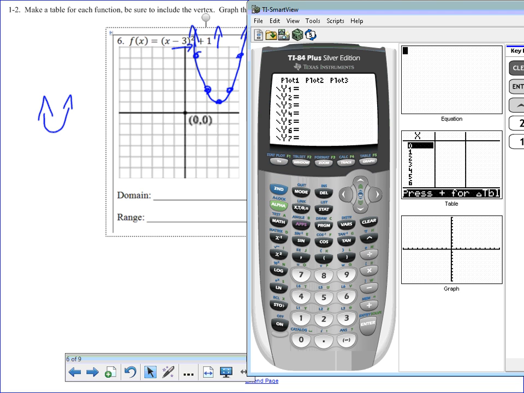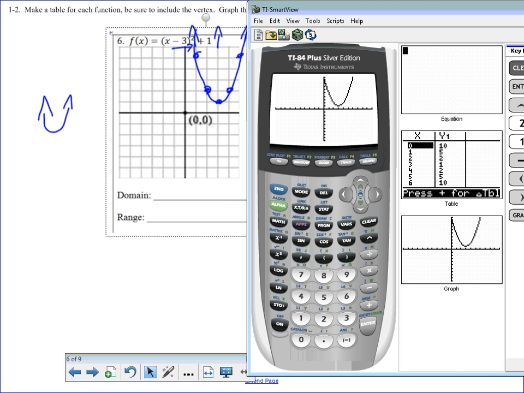So the equation was y equals, and just type it exactly like we see it, (x minus 3) squared plus 1. And if we look at the graph, oh look, our graphs look the same.